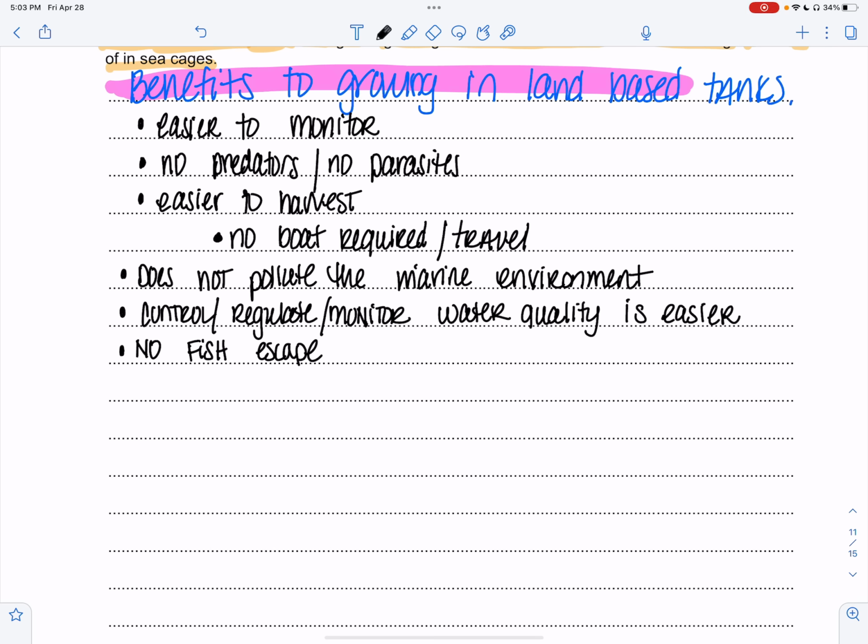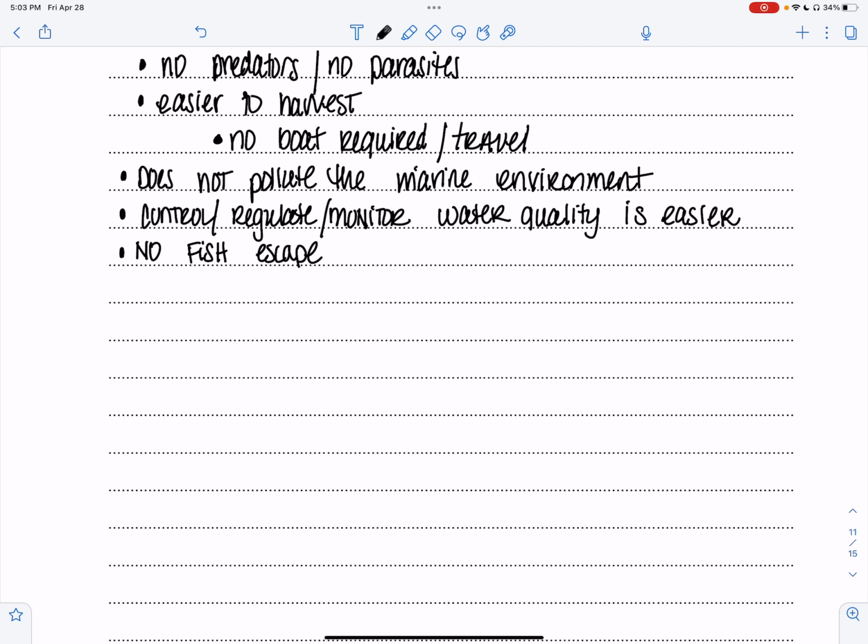So if it's indoors, the risk of invasive species is very minimal. There is no adverse effect from human pollution, no adverse weather, no effects from climate change. You're not going to get any algal blooms on your fish population.